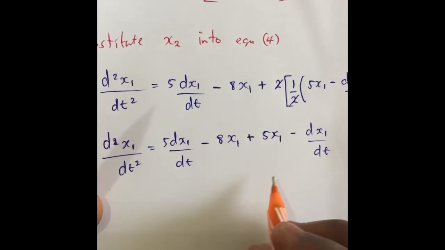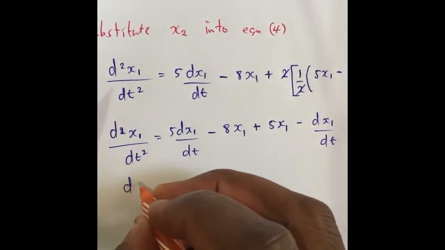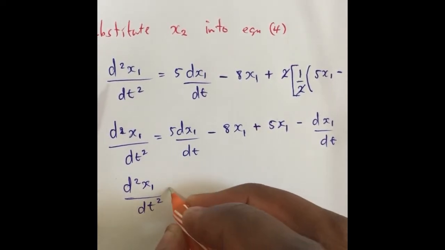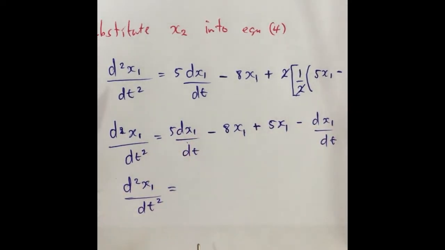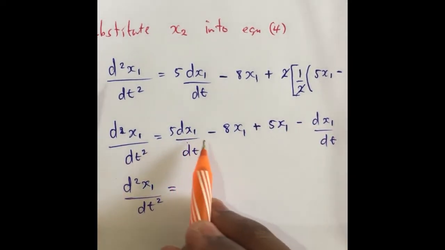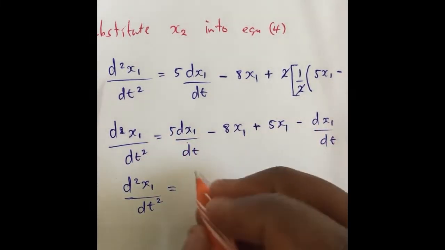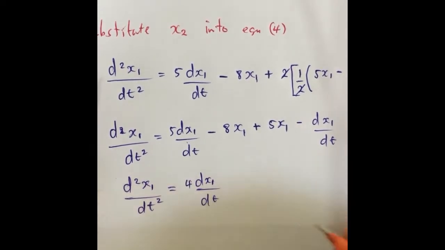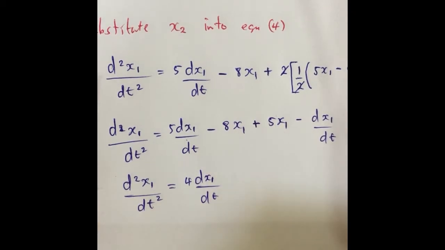Now simplifying this further, this one and this one are similar terms, so if you take this away from this, you will be remaining with 4 dx1 over dt.